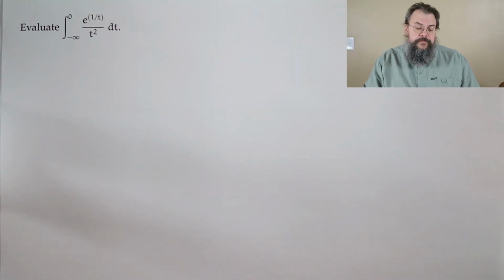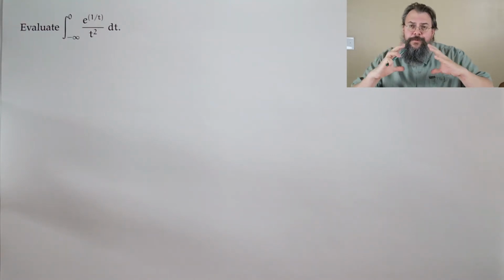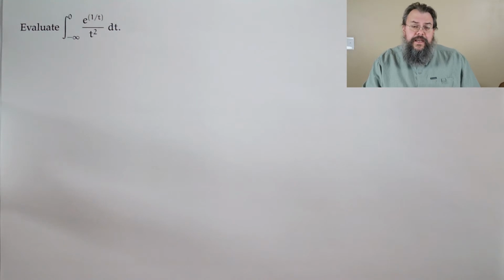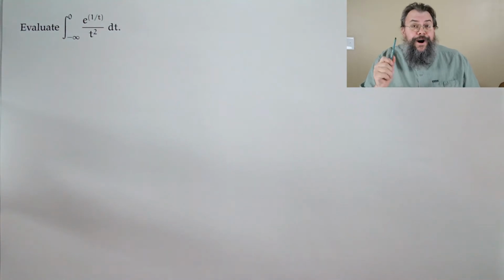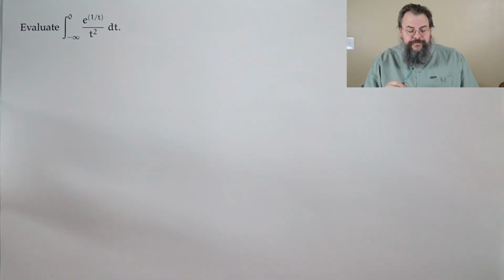What would we do? Well, we look at it and say, hey, we see that 1 over t function inside the exponential function, and the derivative of 1 over t happens to be minus 1 over t squared, which is sitting right there, almost as if it was planned that way.